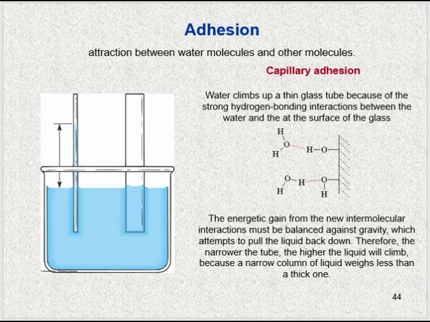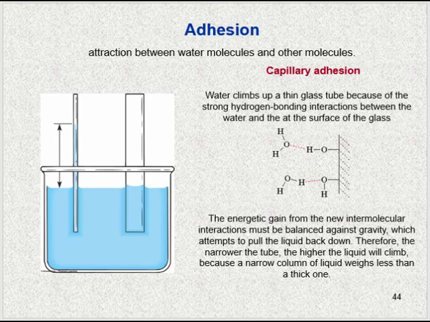Notice that the water appears to be higher on the tube's side than in the middle. This is because the water molecules are attracted to the capillary's charged glass walls more than they are to each other, and therefore they adhere to it. This type of adhesion is called capillary action. Capillary action is the method in which trees transport water from their roots to the tops of the trees and their leaves.